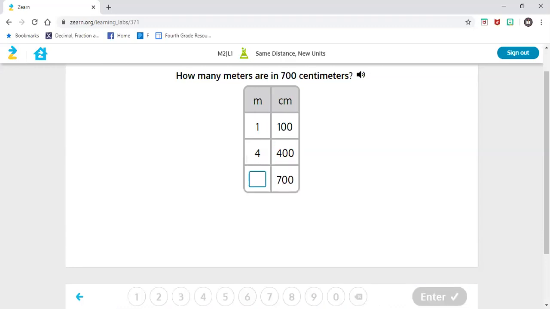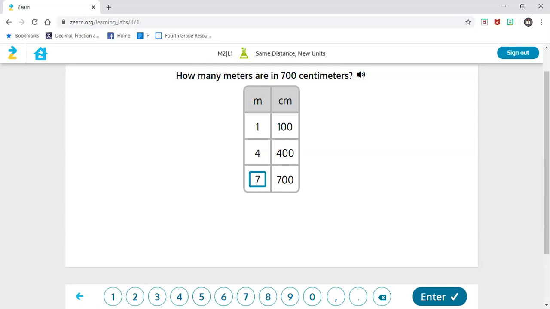Now, one way I can definitely do this is for every meter I have, I multiply it by 100, and for the amount of centimeters I have, I divide by 100. So if I have 700 centimeters, how many meters do I have? For each 100 centimeters, I have 1 meter. So that gives me 7 meters.